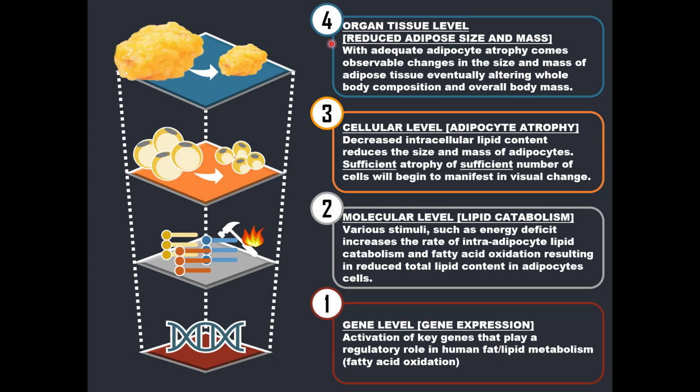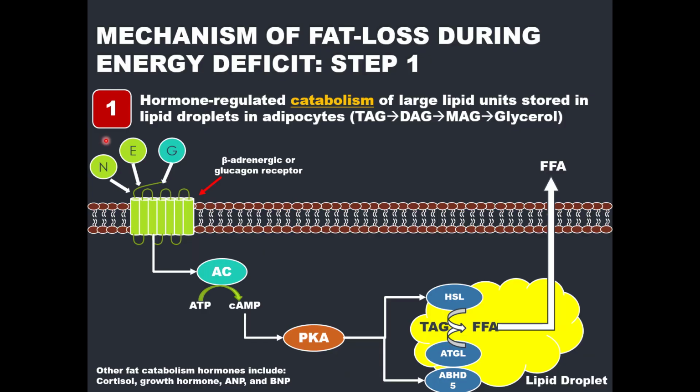We will come back to this, but let's talk about the process of reducing adipose mass during an energy deficit. Okay, first, let's talk about what is happening inside the adipose cells during an energy deficit. More specifically, what is happening to the fat fuel molecules stored within those adipose cells, namely triglycerides or triacylglycerol. Overall, what is happening is increased fat catabolism, the breaking down of these triglyceride molecules inside adipose cells.